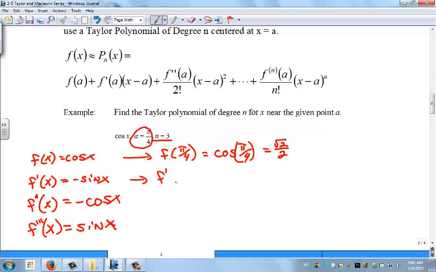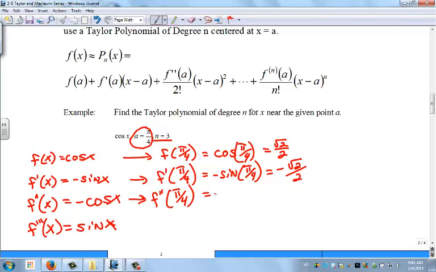F prime of pi over 4 is equal to negative sine of pi over 4, which is equal to negative radical 2 over 2. Of course, you know your trig functions, right, kids? F double prime of pi over 4 is equal to negative cosine of pi over 4, which is equal to negative radical 2 over 2.